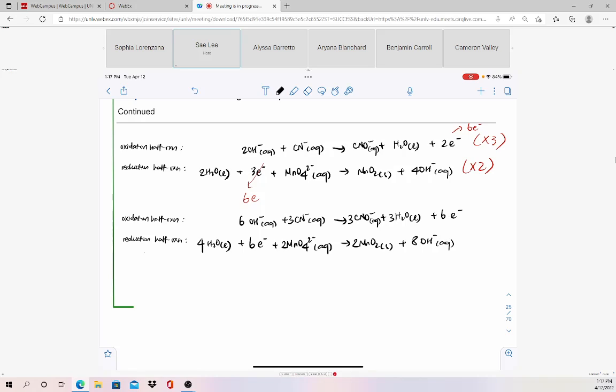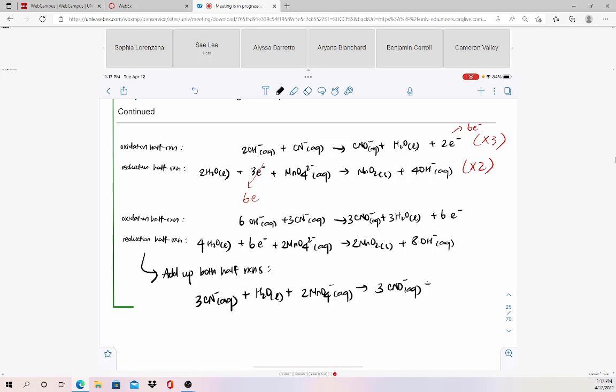Okay, so after adding up, we have 3 cyanide, it's 2 hydroxide.